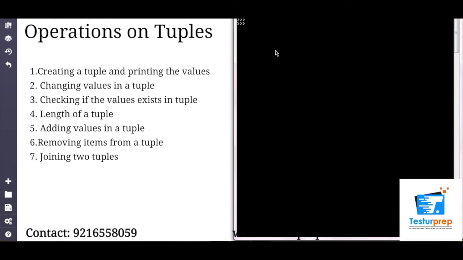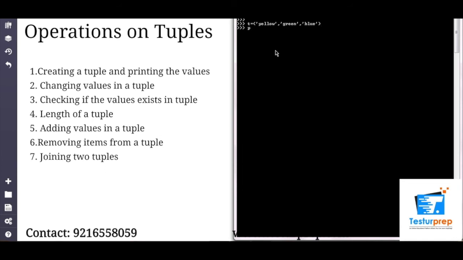Like lists, we add tuple in the same way. Let's create a new tuple. I give my tuple the name T, and this time I'm using parentheses instead of square brackets. This is the tuple that I've created.